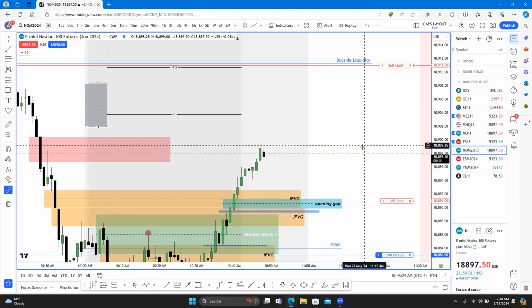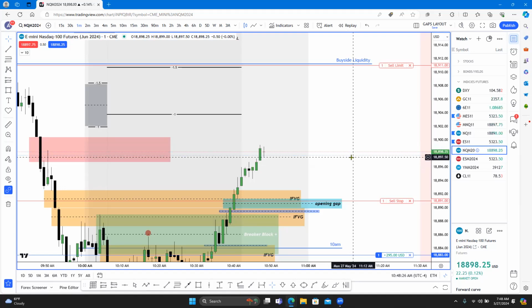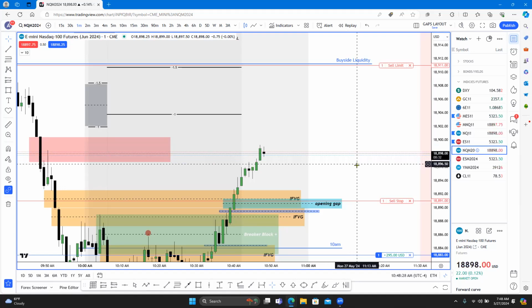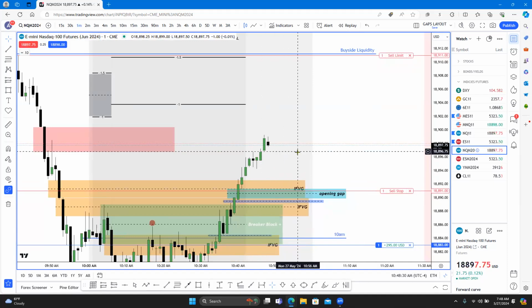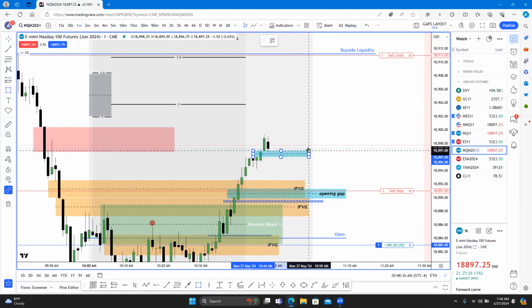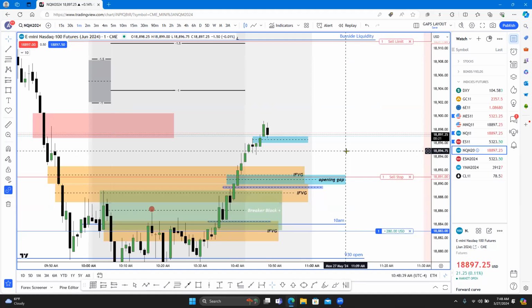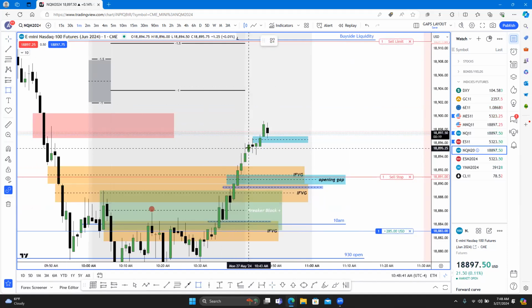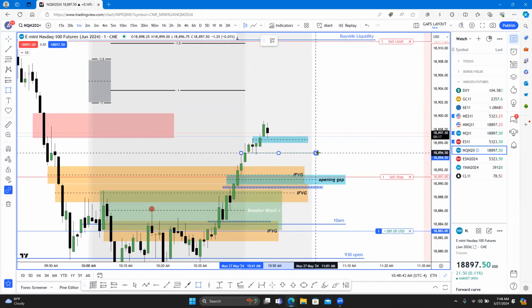Should have held it. Why? Well, I mean, if you took profits, you took profits, but we want to think reasonably, right? So checkpoints, PD arrays, right? Next one's in here. We had this small little volume imbalance here.